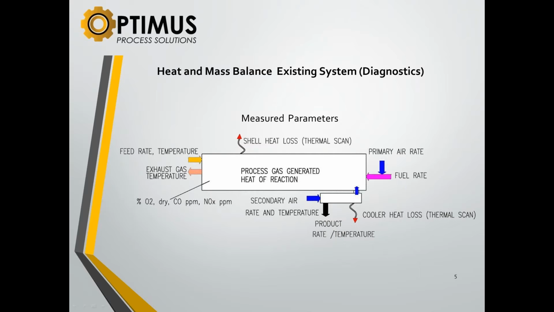It might be water vapor. It might be carbon dioxide. So you have to add those gases to the combustion gases. And then once you have the gases from combustion and the gases from the process, you will know what the gases are exiting your kiln. That's the mass balance.